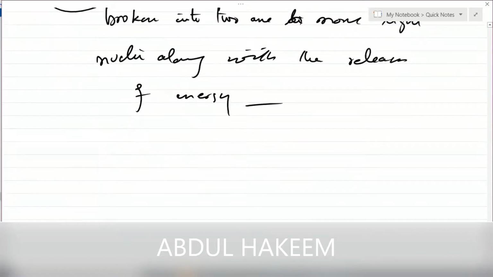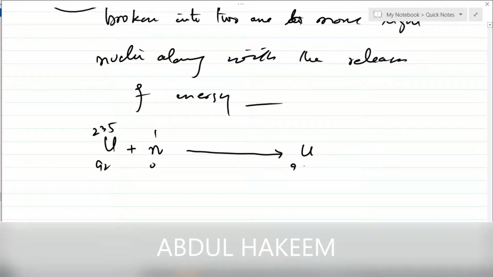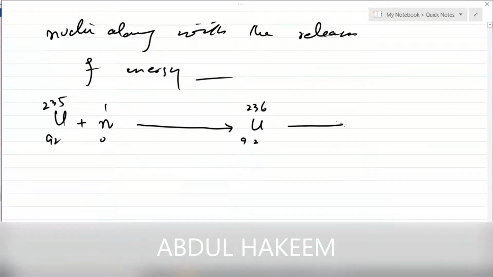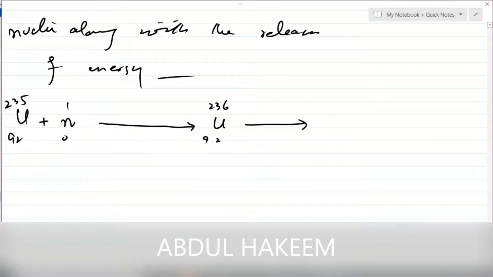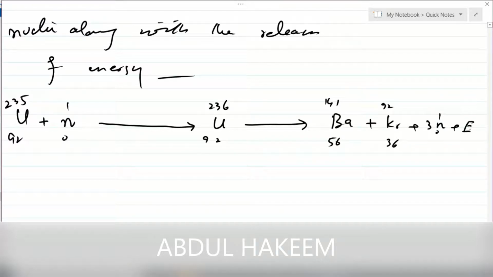For example, when uranium 92 235 interacts with a neutron, uranium 92 236 is formed, and then this uranium splits into barium and krypton, the barium 56 141 and the krypton 36 92, plus 3 neutrons along with the energy in the form of heat and radiation.